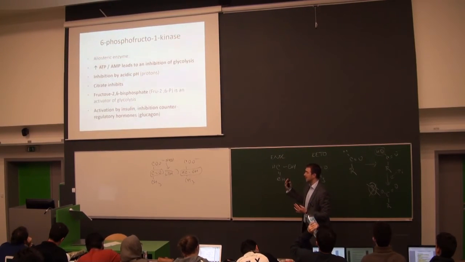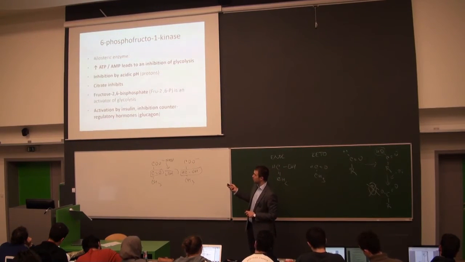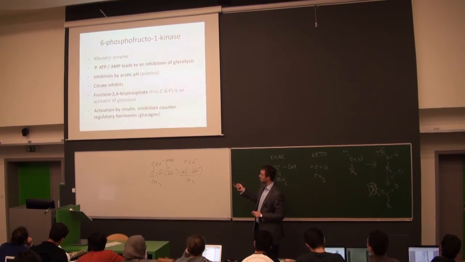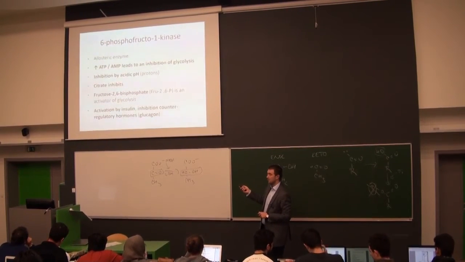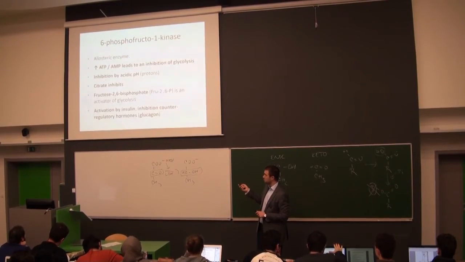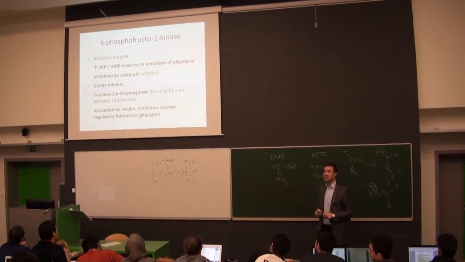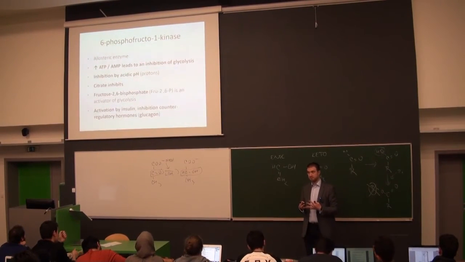And therefore, indirectly, the counter-regulatory hormones, through reducing the level of fructose 2,6-bisphosphate, will inhibit the whole glycolysis. So as you see, the hormones also regulate glycolysis, and they do it indirectly.